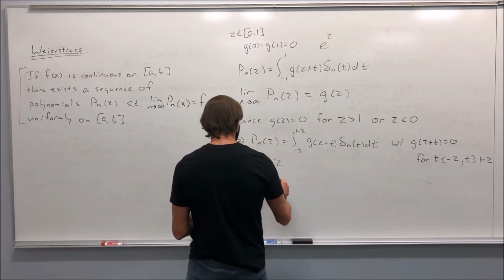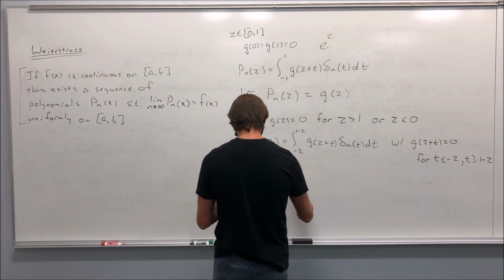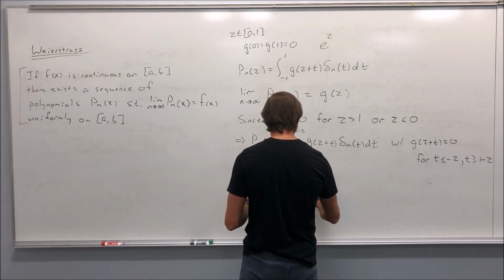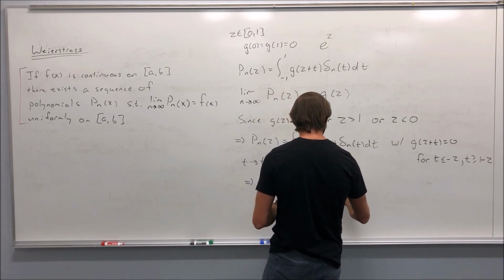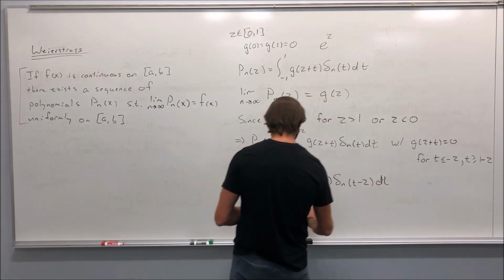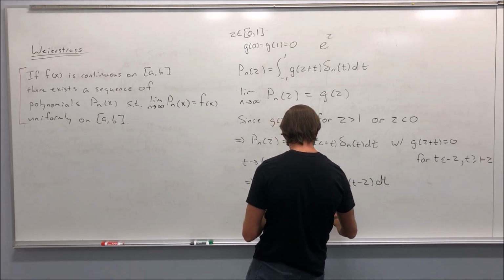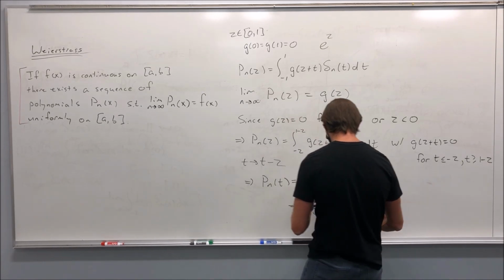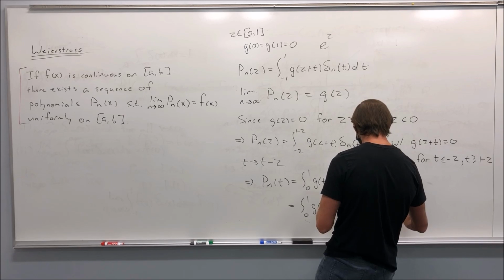If we do that, what we end up with is the following: P_n of z is equal to the integral from 0 to 1 of g of t times delta_n of t minus z dt, which I might remind you is the integral from 0 to 1 of g of t times c_n times (1 minus (t minus z) squared) to the n dt.